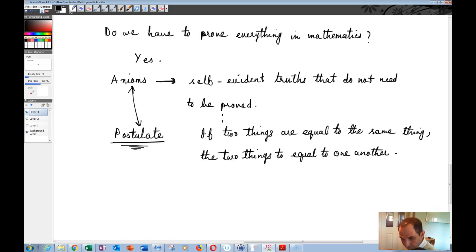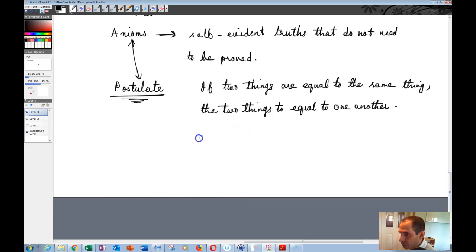Let's say that you have a wooden stick of a certain length. Now, if you have another wooden stick which is equal in length, let's say that you have this wooden stick over here, and let's call this A, for example.